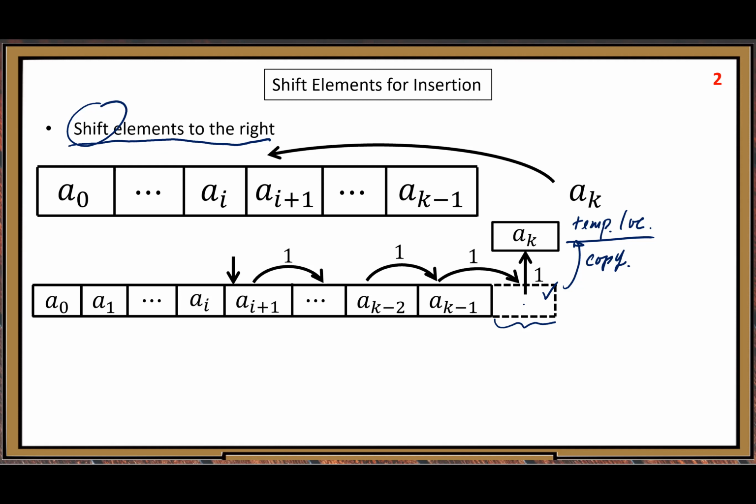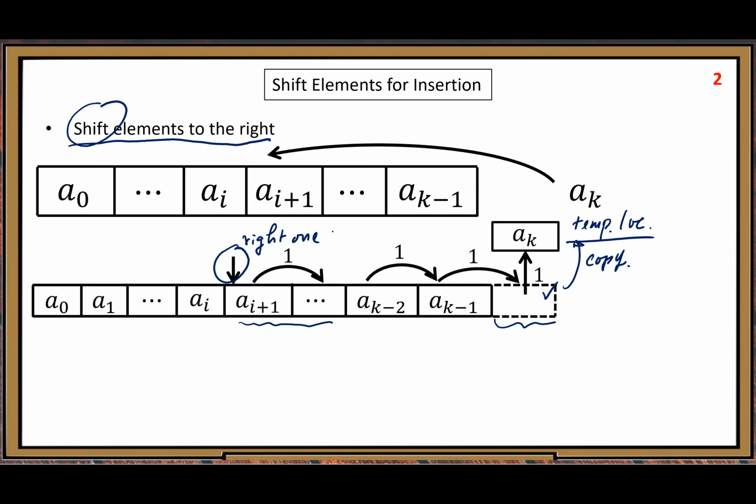Now, keep doing that until we make this last shift. This is the last shift because we assume this is the right position. So we stop. After we make the last shift and A sub k is placed in its right position, this insertion is done.